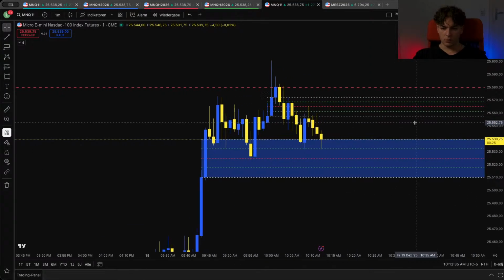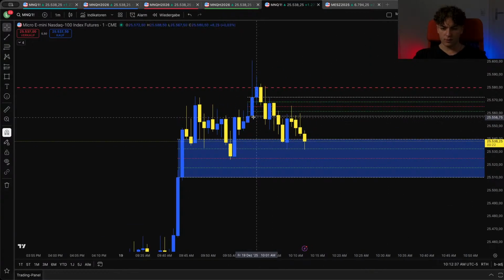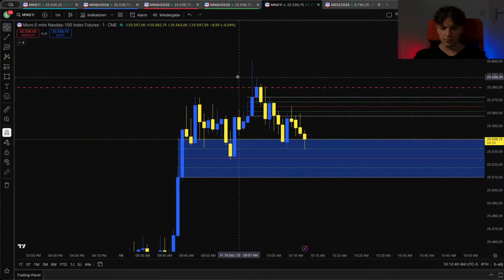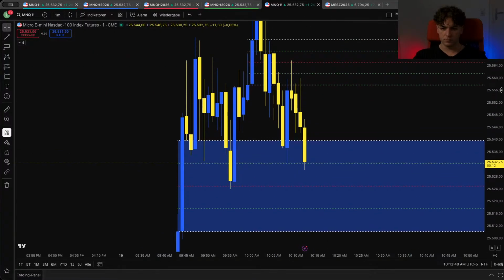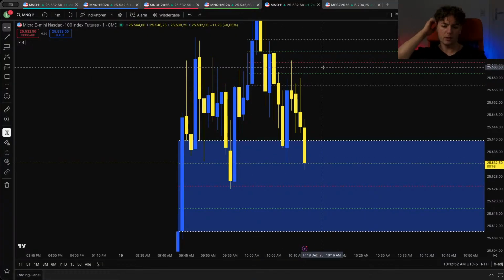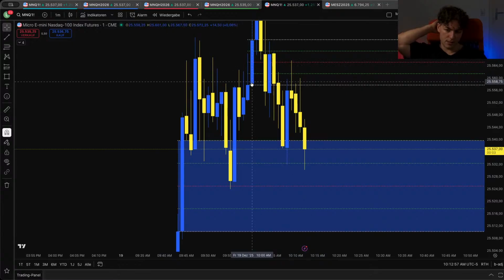Okay, so I guess we have a low risk sell, smart money reversal here. That's an inverse fair value gap. Okay, actually it's not a fair value gap. It's the new PD array that ICT taught, which is a suspension block.